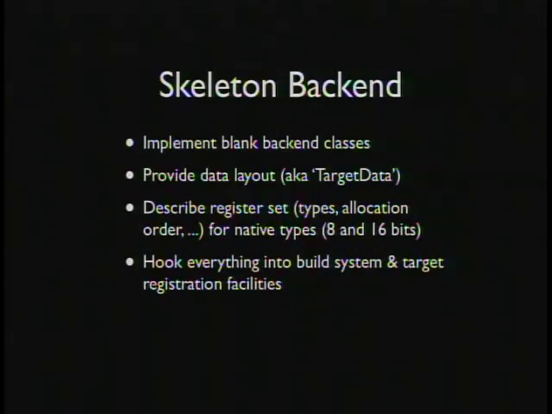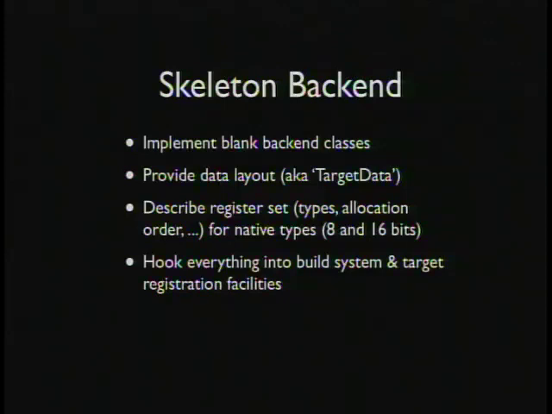First of all, one should write a skeleton backend. So one should just provide blank backend classes. One should provide the data layout for the given target, describing all the different stuff like the sizes of pointers, alignments, store size for different types, and so on. It's pretty straightforward, but it needs to be done. Also, it's good at this stage to describe the register set for the given target, just the register classes for native types.